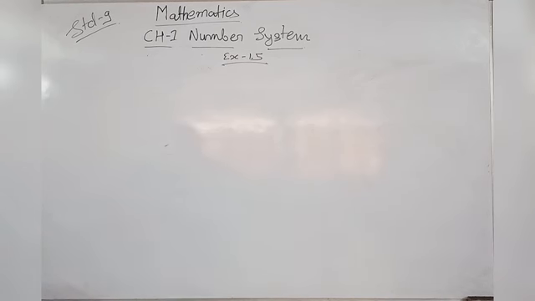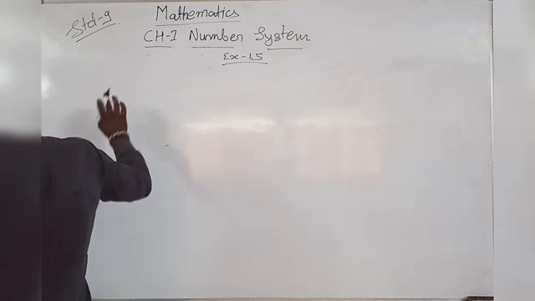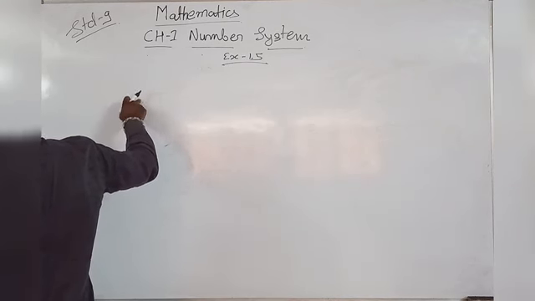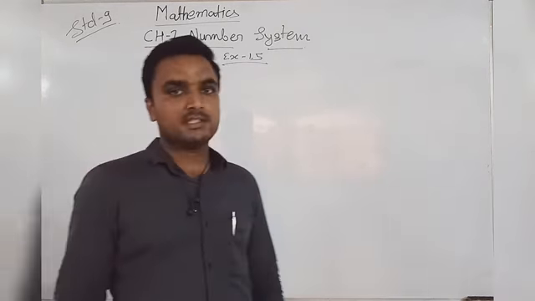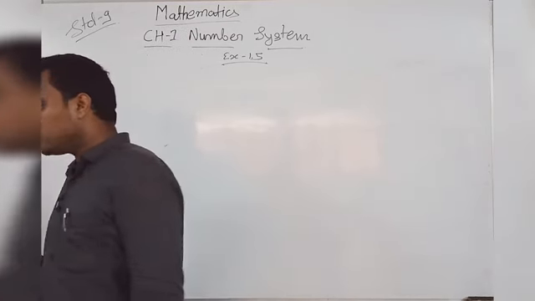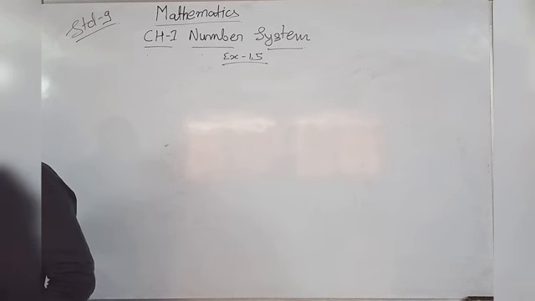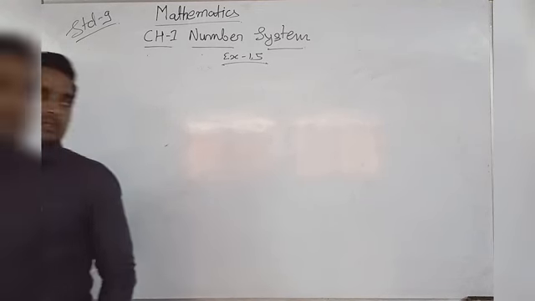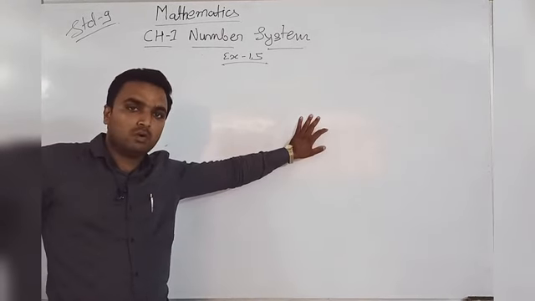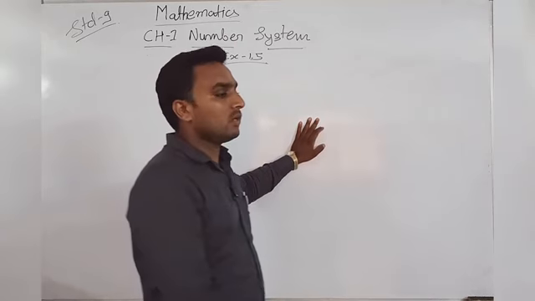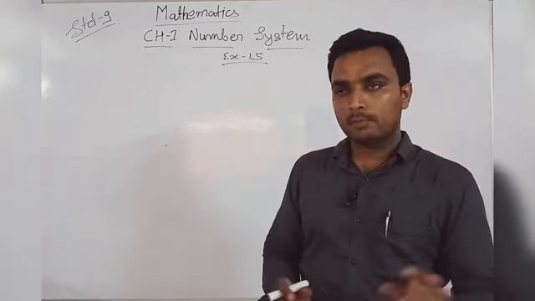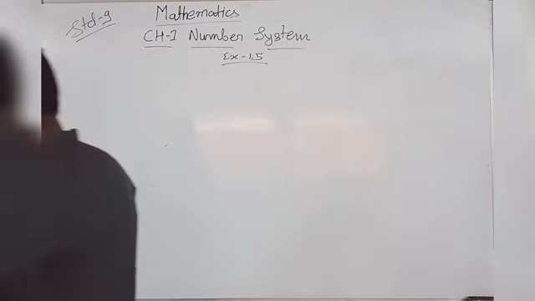We have to separate rational and irrational. This is your homework, because we know which number is rational, which is irrational, and which number is a real number. Clear? Now see here, suppose pi is given, then what is your answer? We know that pi is an irrational number. Okay, so keep in mind that pi is an irrational number.